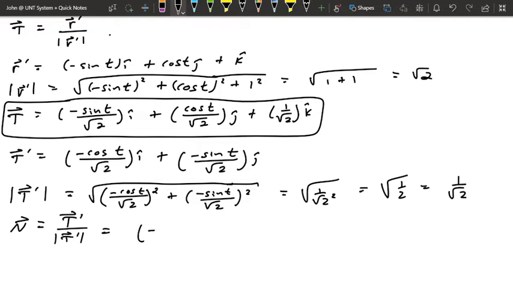So we would get minus cosine t, minus sine t, 0. Or I could just write it like this without the parentheses. All right, so that's N.